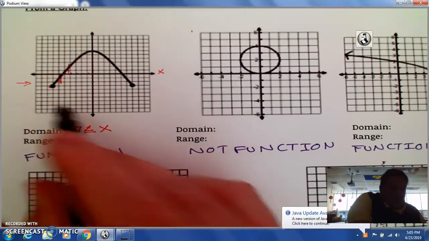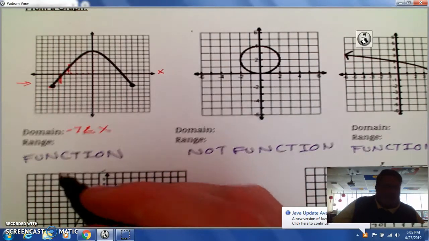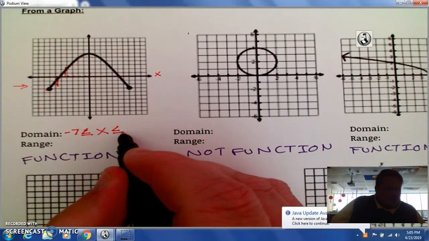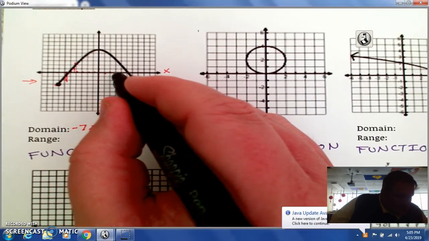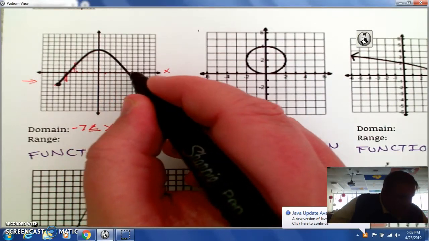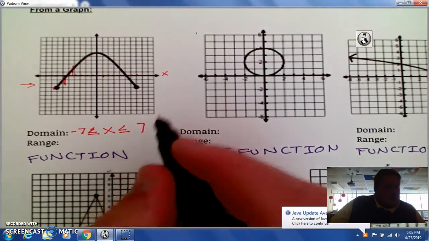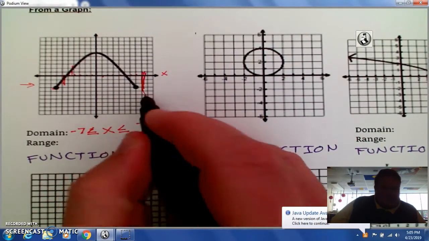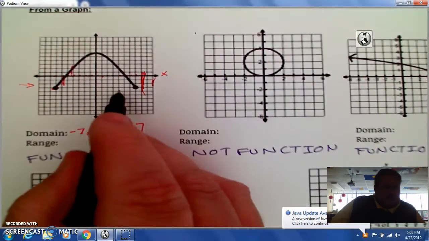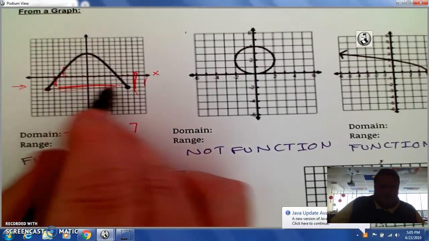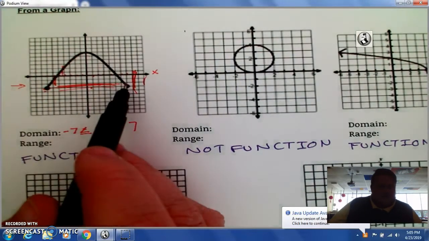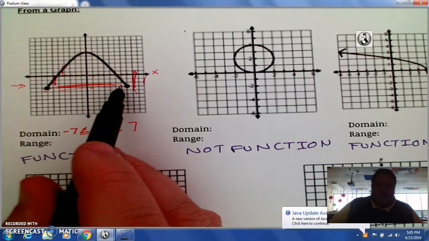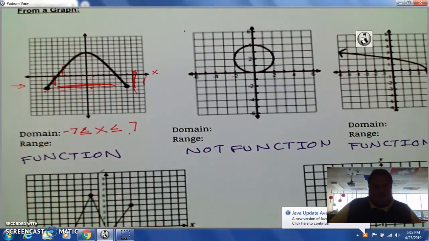But your x, which is your domain, is bigger than negative 7, but it's less than or equal to, see the little signs I'm using? 1, 2, 3, 4, 5, 6, 7. Okay? It's not 8. The shape doesn't go to 8 or 9 or 10. So it's between these two. Okay? Greater than negative 7, but less than or equal to positive 7.